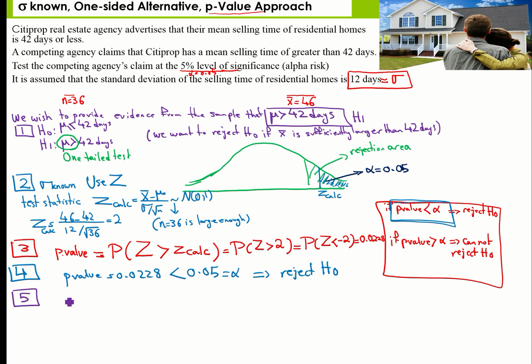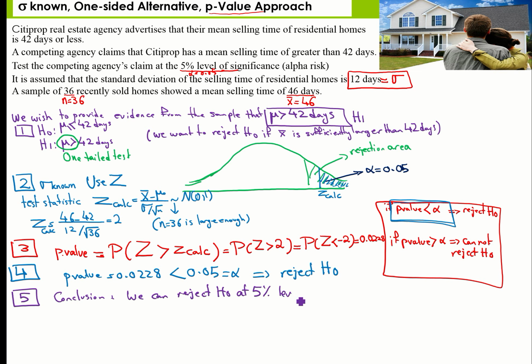Now we can draw the conclusion. We can reject H0 at 5% level of significance.